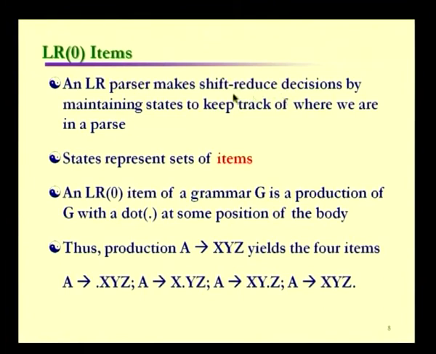If you still need to find the complete handle for reduction, we go for a shift, or if everything is already on the stack, then you can go for a reduce action.